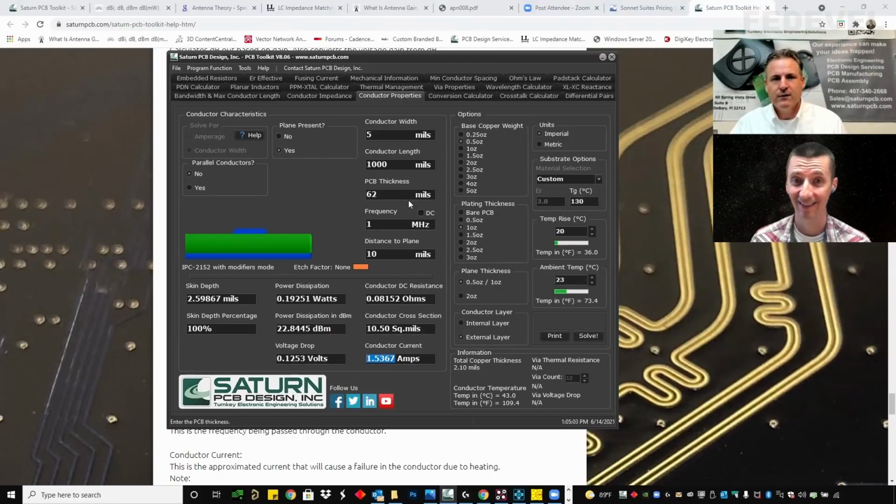A lot of the QFNs, well, the IPC calls them BTCs now, bottom terminated components, I had a lot of failures. So I had to start pulling copper back and pulling copper out from some of the internal layers underneath those BTCs because they just weren't soldering properly.